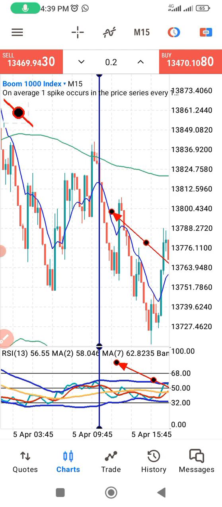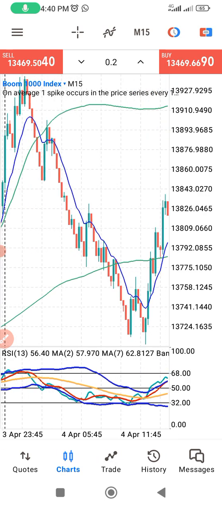Perfect. Now this cross happened on this particular candle, so price closes here on this candle, and then you make your sell entry here. This is 30 minutes, 45 minutes, 1 hour, and you are holding this trade. Your stop loss is at this high, and you can see how beautifully that plays out.